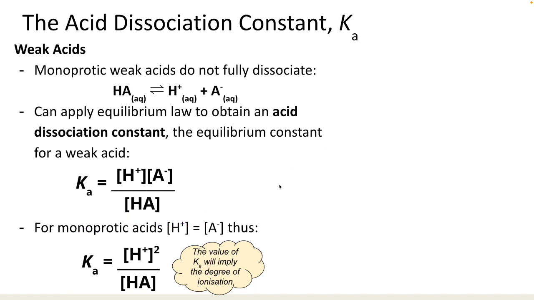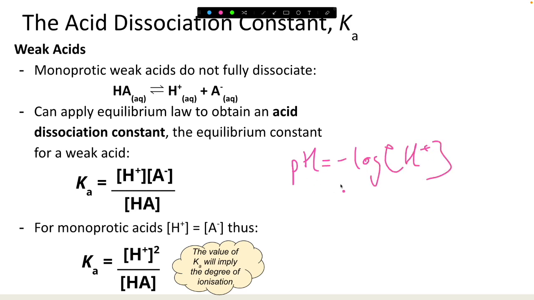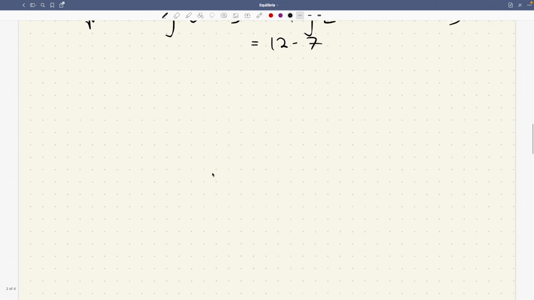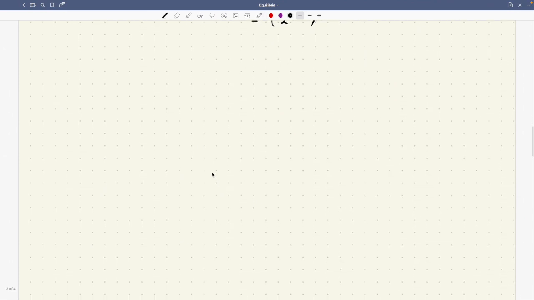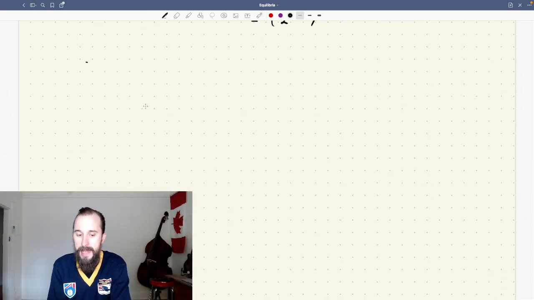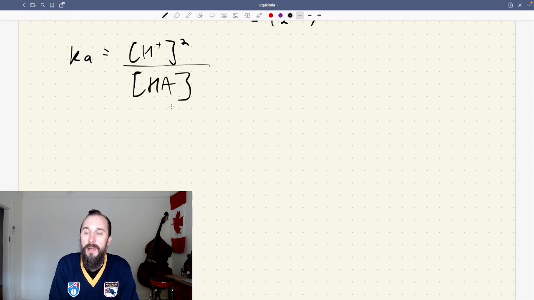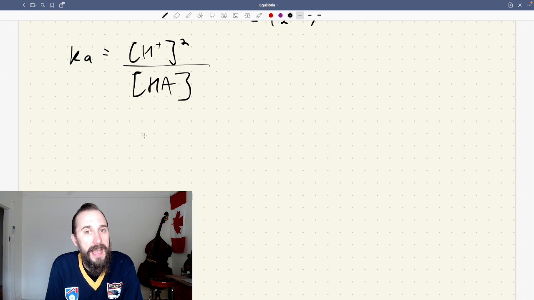If we need the concentration of hydrogen ions in order to calculate the pH, we need to rearrange this to have H plus as the subject of the equation. So let's do that now. We said that Ka equals H plus squared over our concentration of HA. To calculate the Ka, we need the H plus and HA values.